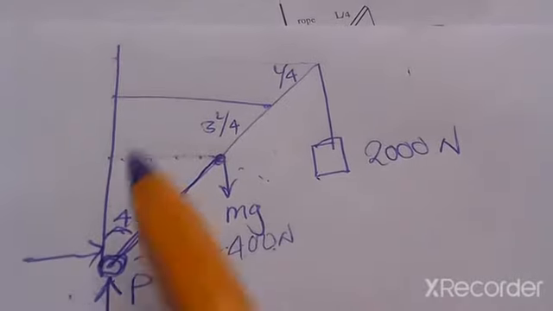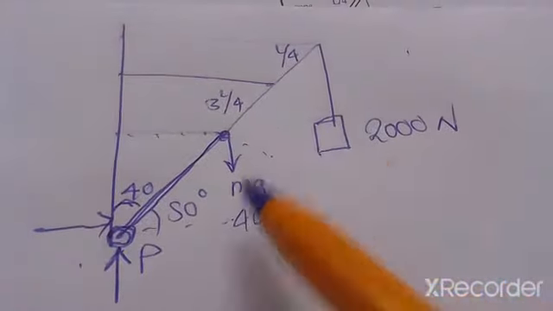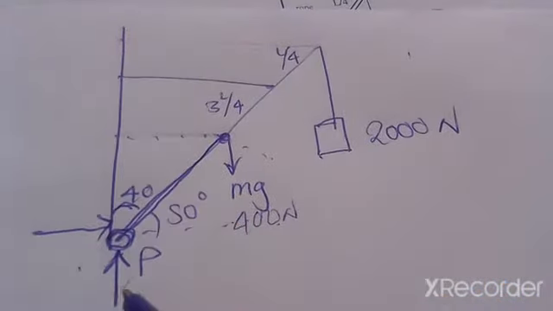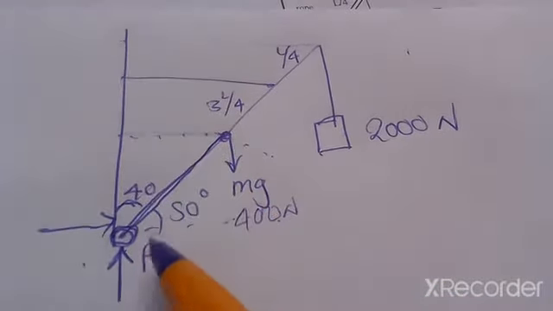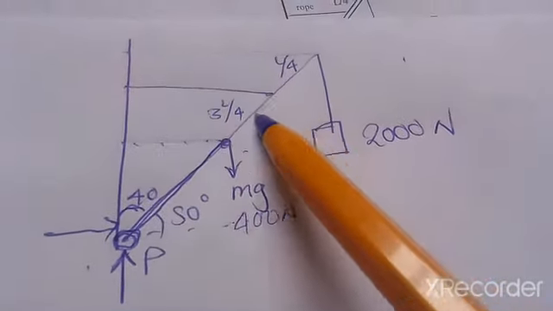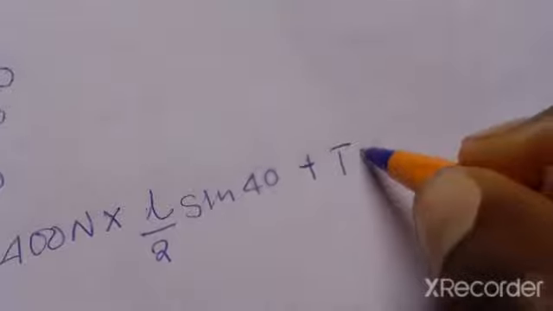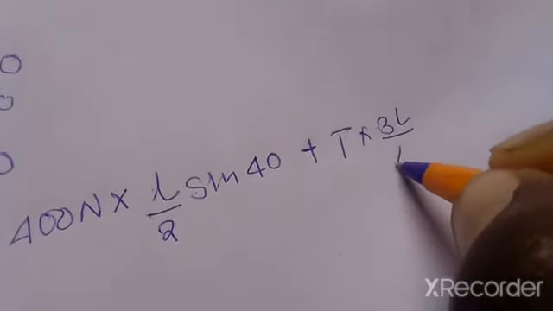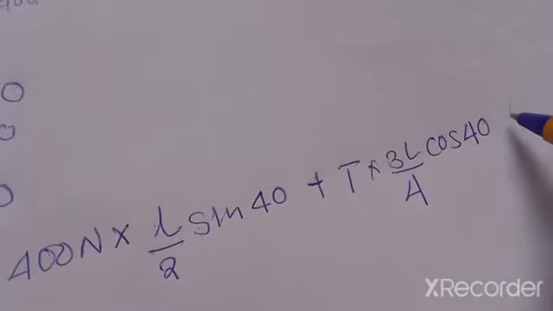We do not know the tension in this rope, so we'll just write T. But then the perpendicular distance is going to be the distance from here to here. So that will be 3L over 4 cos 40. So we'll have T multiplied by 3L over 4 cos 40.